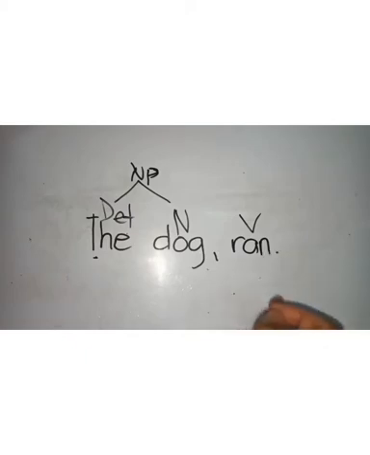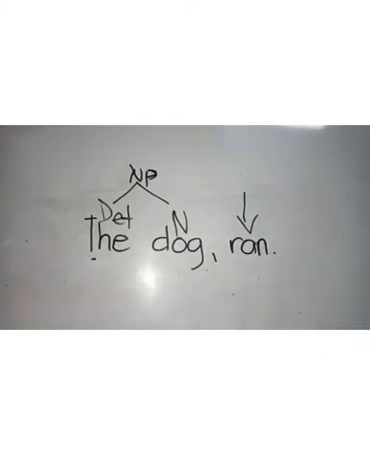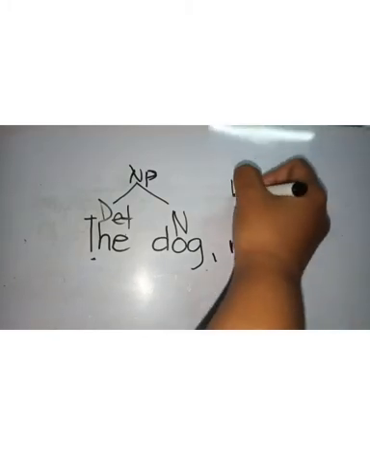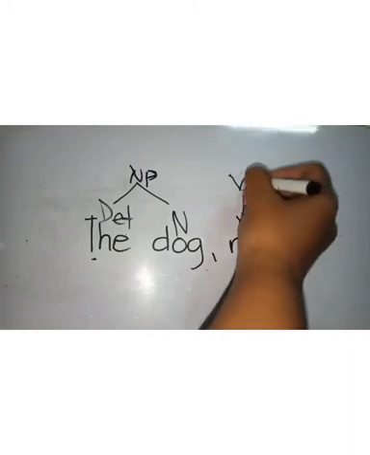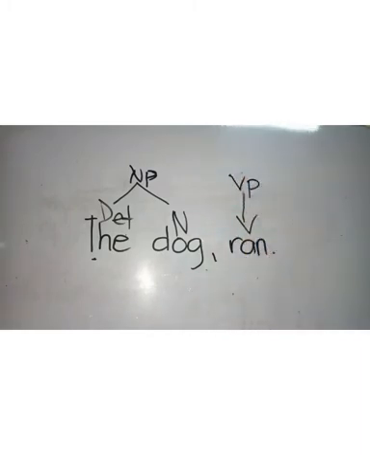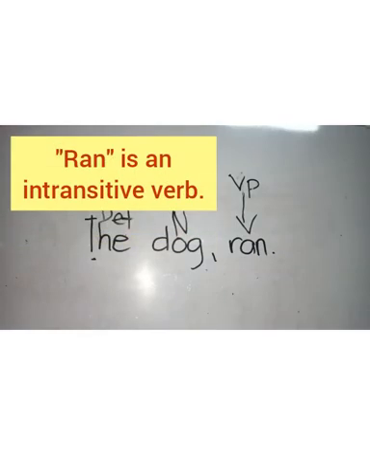So this verb is representative of the verb phrase already. So you make another node here. That's VP. Okay, VP, and under the VP is the verb only.